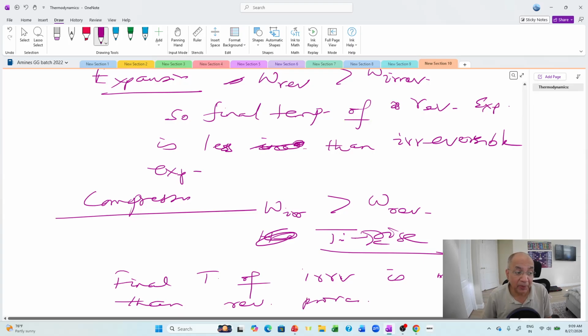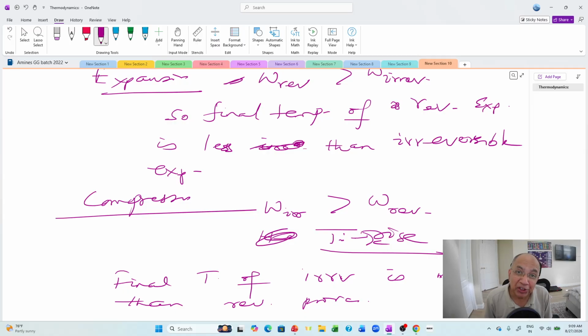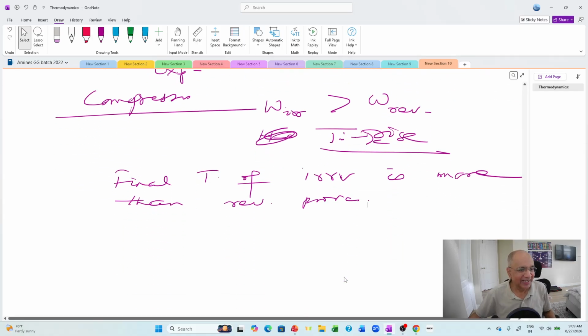In reversible expansion, the final temperature was less than the irreversible expansion. But in compression, the irreversible compression has more final temperature than the reversible compression, because irreversible is a big rectangle, acting against a high constant external pressure suddenly.